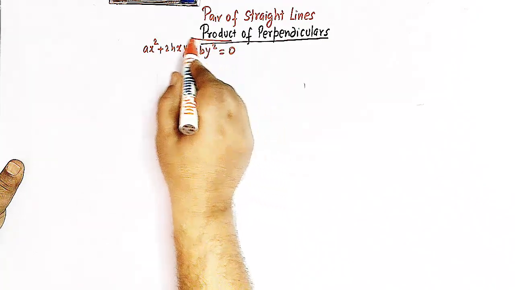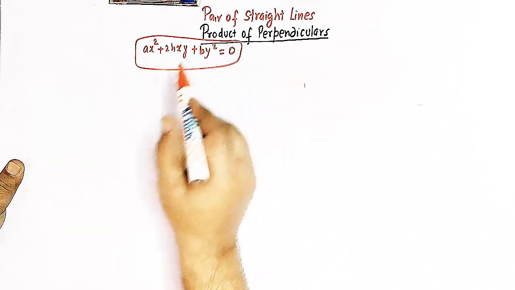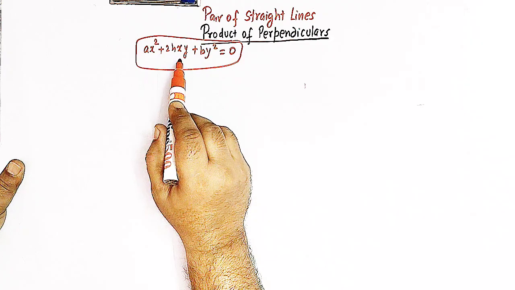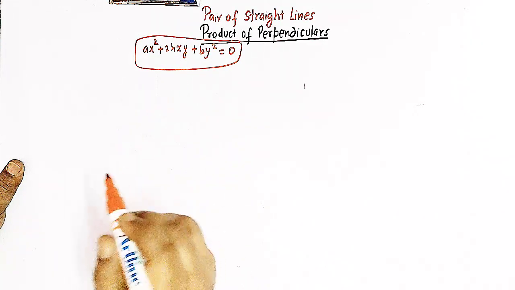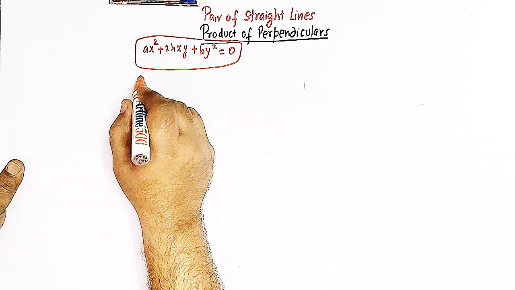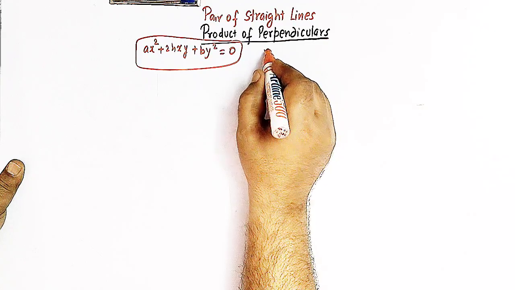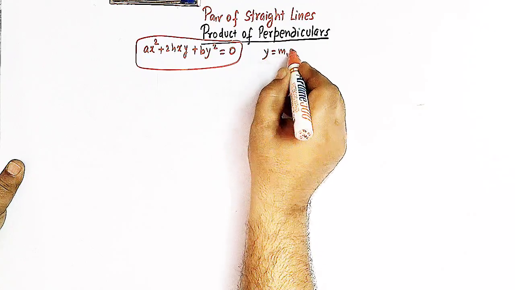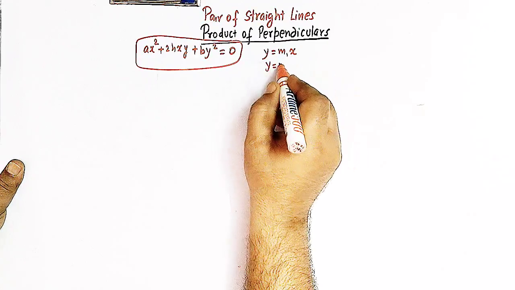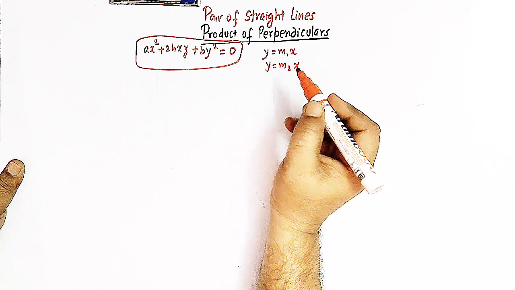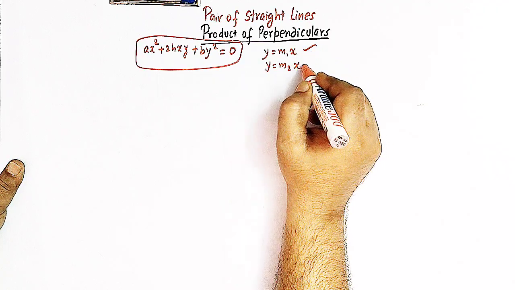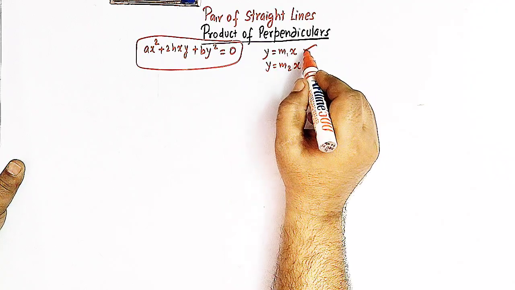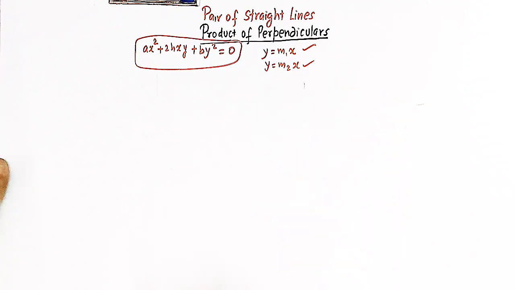So this equation represents a pair of straight lines passing through the origin, and the individual lines have equations y is equal to m1x and y is equal to m2x. These are the two equations of the lines which pass through the origin having the slopes m1 and m2.